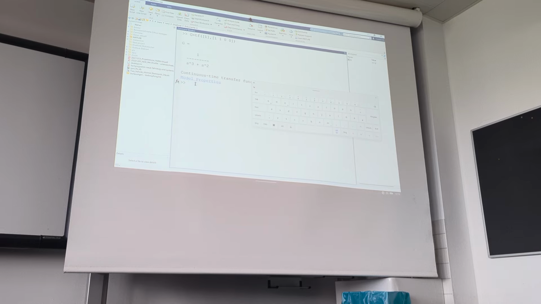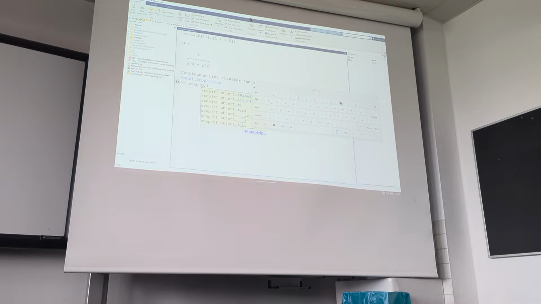Okay, and with this function we can start now calculating the step response. So here MATLAB offers the step command to calculate the step response, and then we need to provide in round brackets our transfer function that we just defined, our g, and then we can also define the time range that we would like to see in our figure.